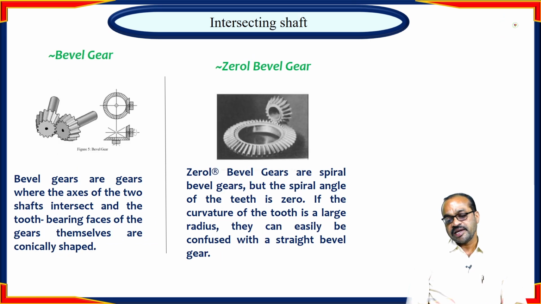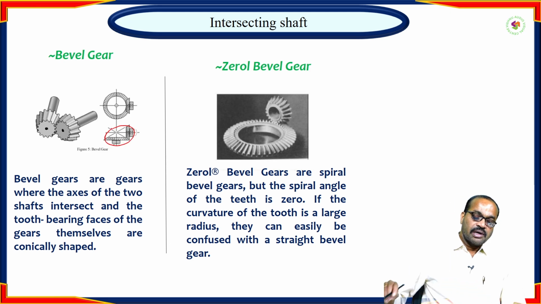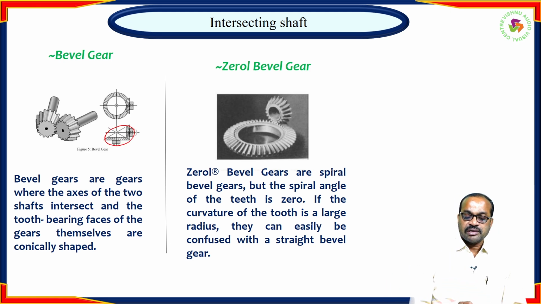Coming to the second category, intersecting shaft. That means right-angle intersecting shafts. Bevel gear is the major type of gear. You can see that the figure is arranged in a right angle position. Particularly, we use bevel gear in the automobile differential. The differential is placed in the rear wheel of the automobile.